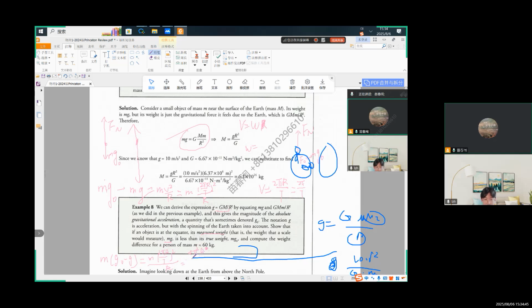Divided by T squared, which I can find, right? And the radius r we can find from the previous question. So these are all things that we can find.